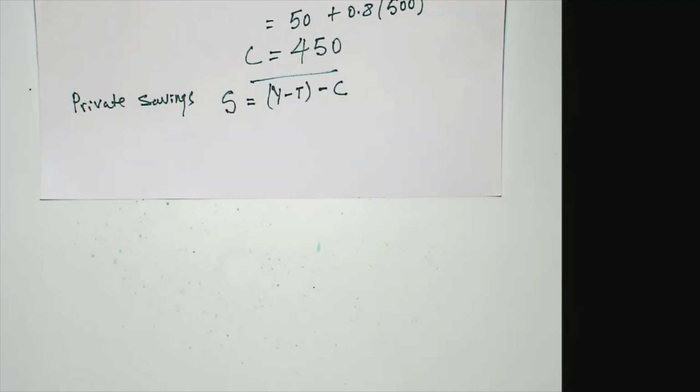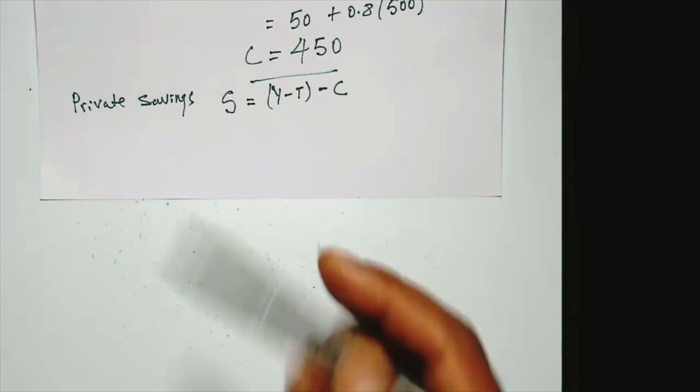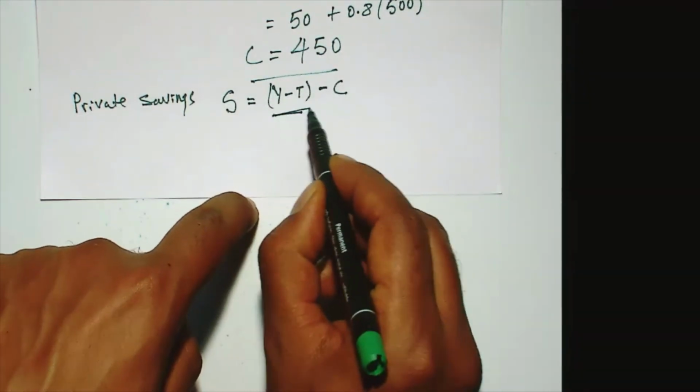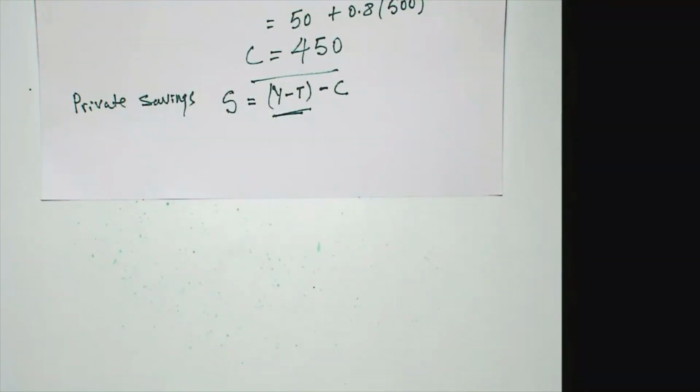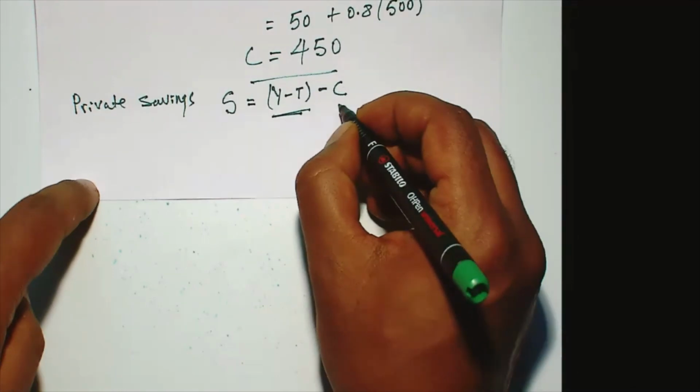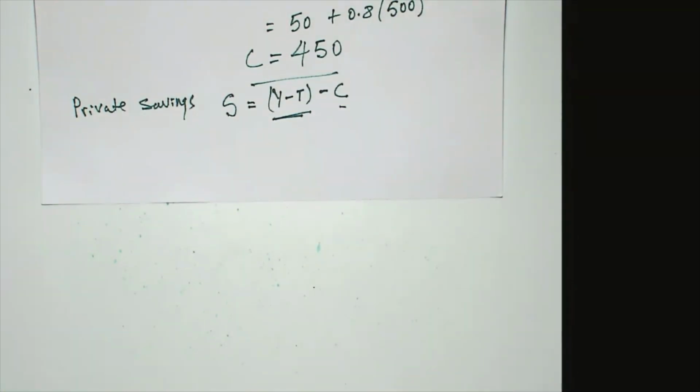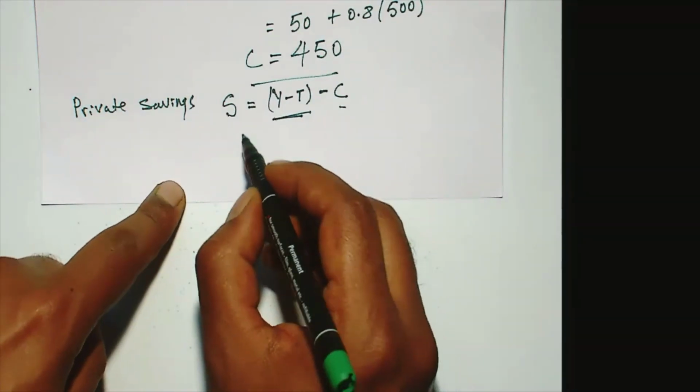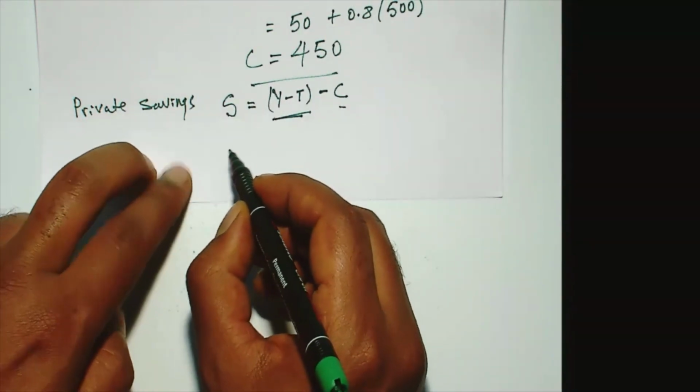So first they have their disposable income, Y - T, minus what they actually consume, C, and this formula gives us the amount of saving that consumers would undertake.